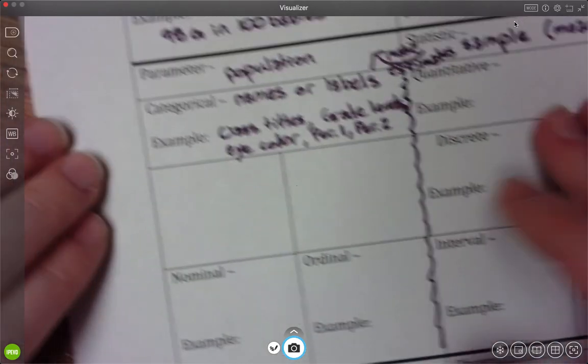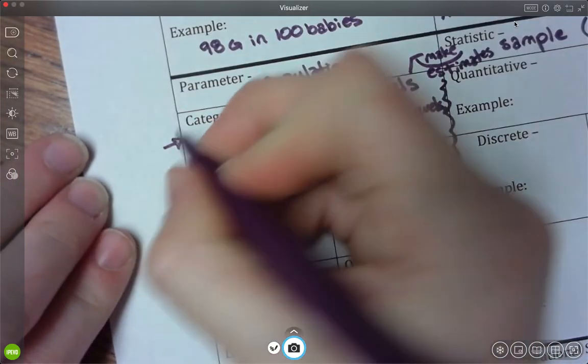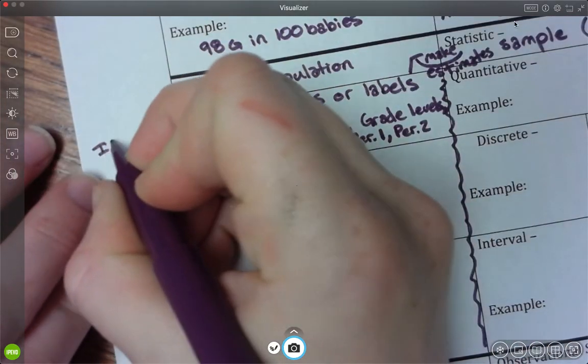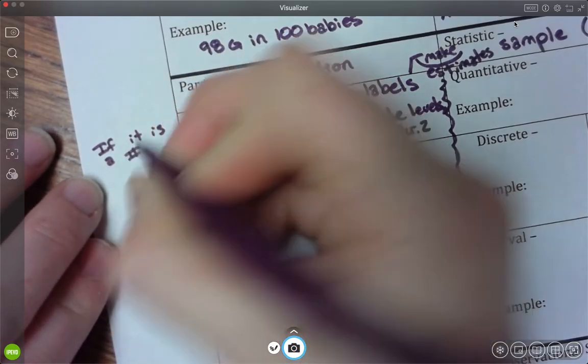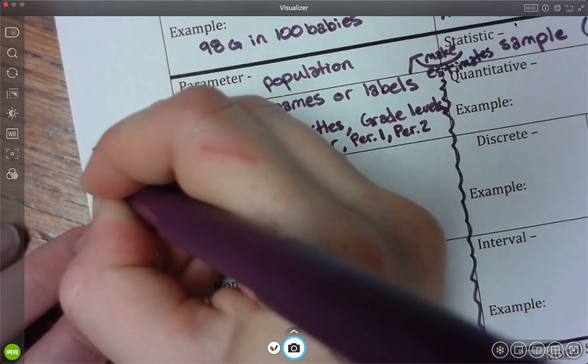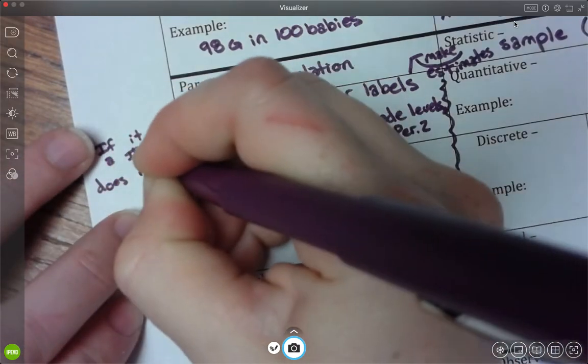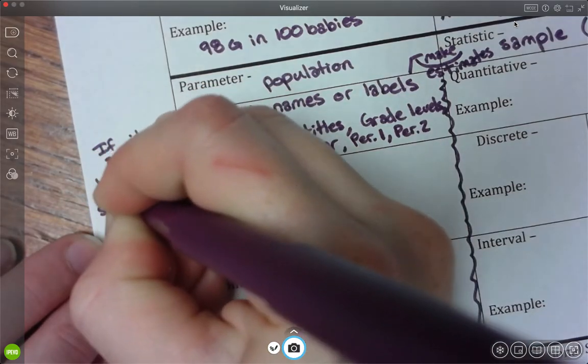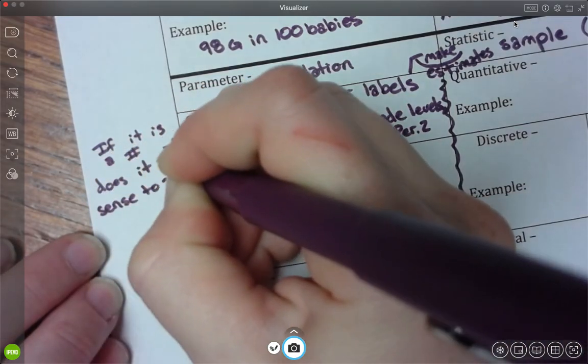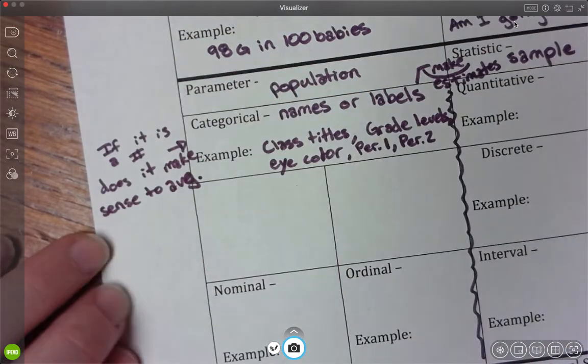So one thing that I'm going to put off to the side over here that says if it is a number, does it make sense to average? Okay, does it make sense to average it if it's a number?